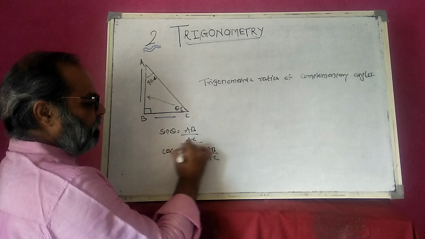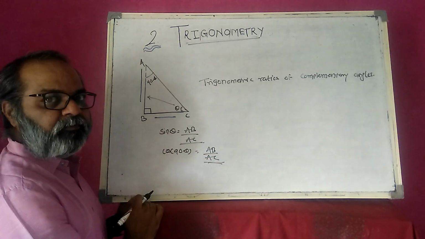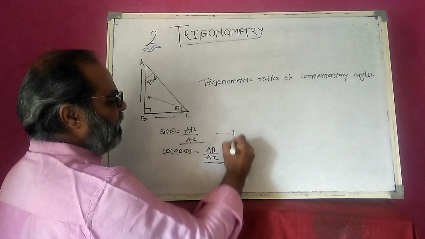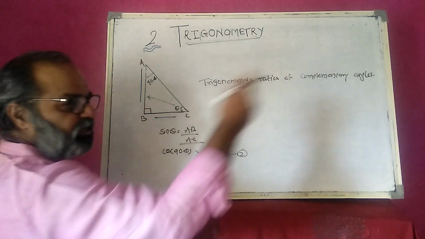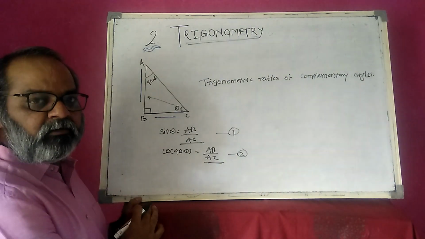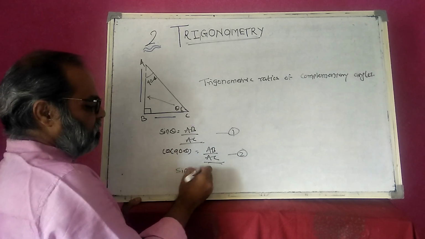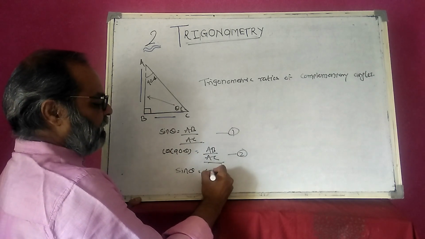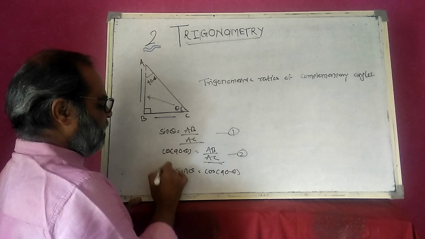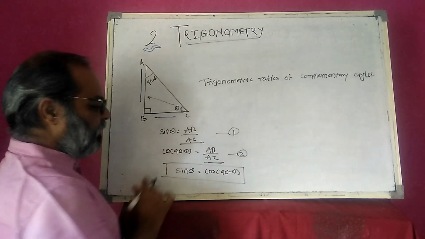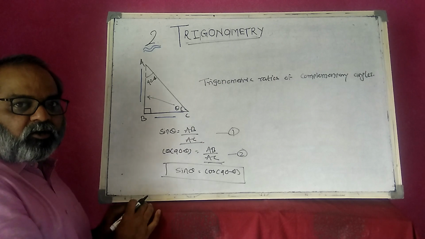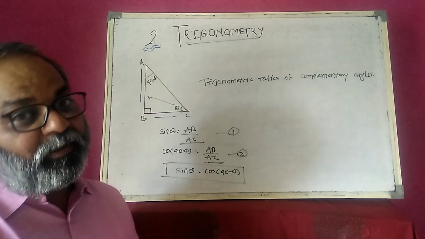So look here, AB upon AC, AB upon AC. In two equations, equation 1 and equation 2, if the right hand side is equal, obviously the left hand side must be equal. So sin theta is equal to cos of 90 minus theta. So what do we prove here? Sin theta is equal to cos of 90 minus theta.